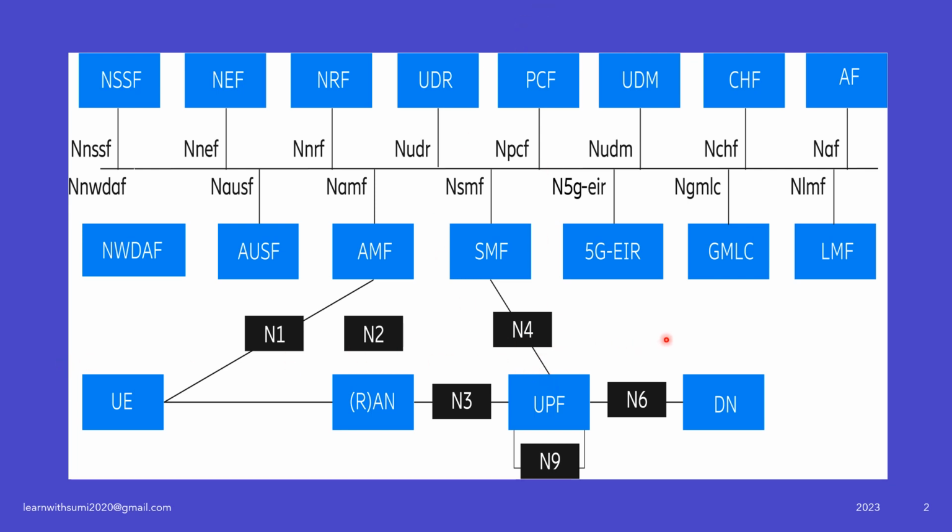Also, why is it divided into the control plane and the user plane? Just a glance at it. If you want to know in a detailed way, you can put it in the comment section and I can come up with a better explanation for you. Here, this is the user plane, and above this is the control plane, and all of this uses the HTTP2 protocol, unlike the protocols used earlier in legacy networks or previous architectures.